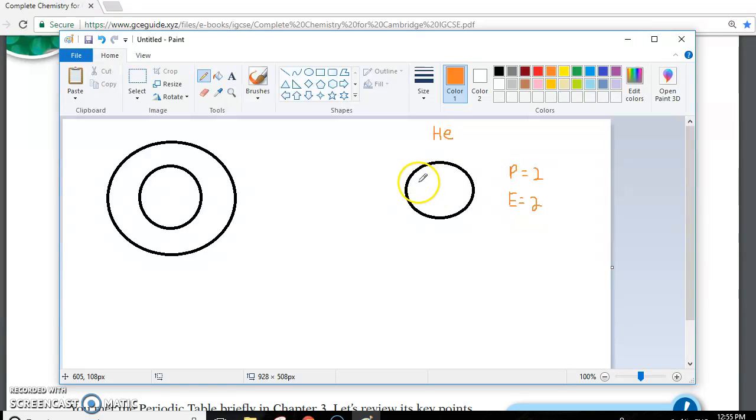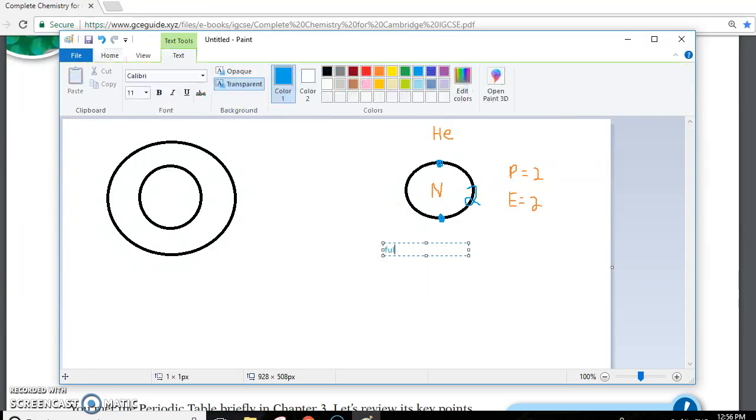And if you'll remember, here's our nucleus. We can only fit 2 electrons on that first shell. So if we only have 2 electrons to begin with, that means that first shell, and only shell that we need, is full. And if the shell is full, the element is unreactive.